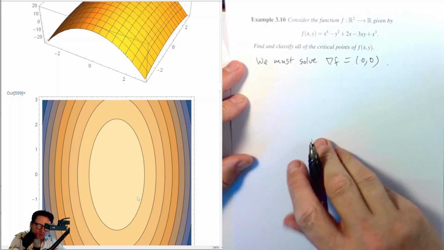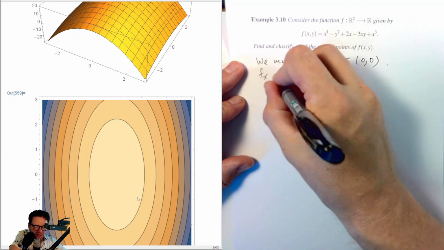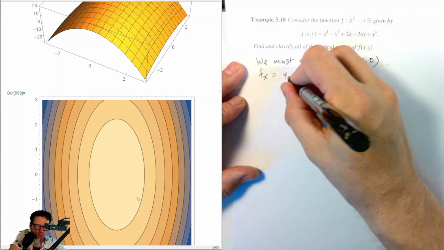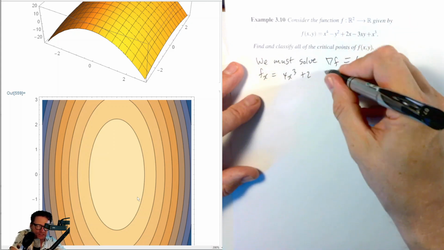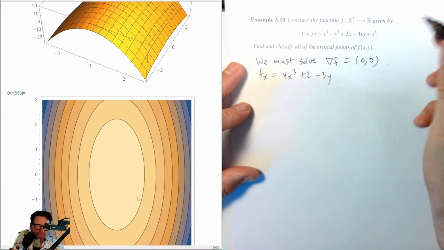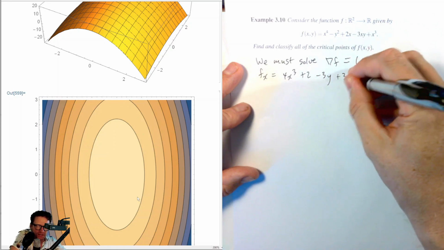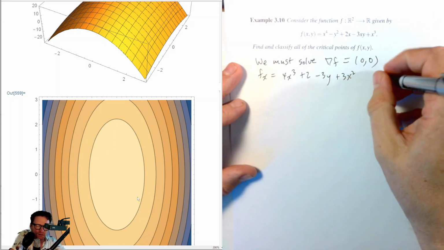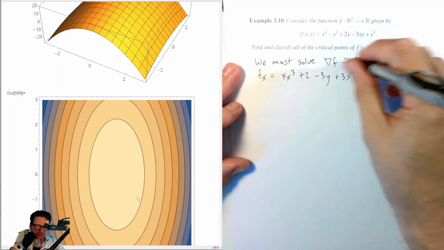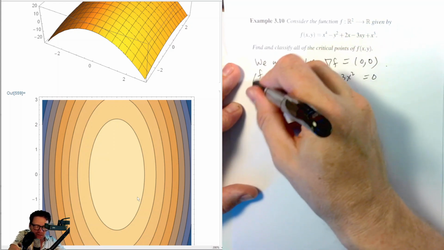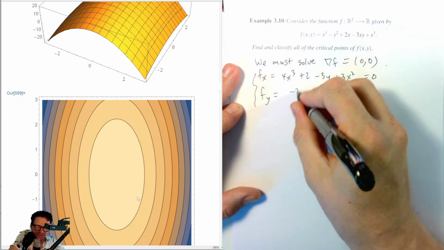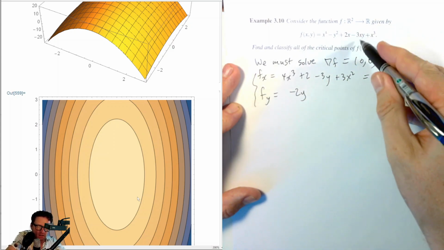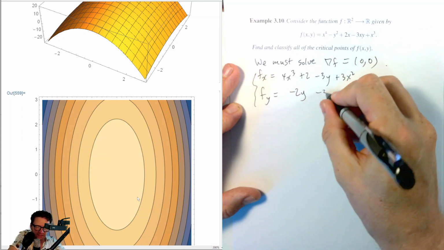So we need to calculate the partial derivatives. So f subscript x is 4x cubed plus 2 minus 3y plus 3x squared. Okay, so we take that to be equal to 0 given by this. And then we have another one, f subscript y is minus 2y and then minus 3x.